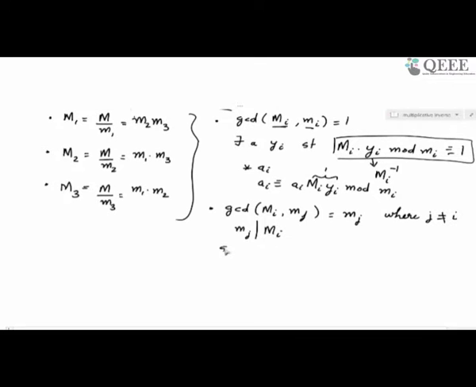In other words, 0 is congruent to ai Mi yi mod mj.